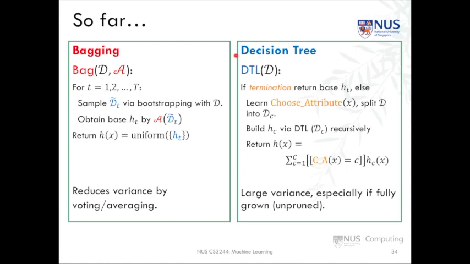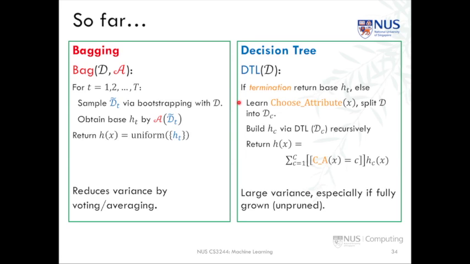Earlier in the pre-lecture, we talked about decision trees. The decision tree algorithm recursively chooses attributes to decompose a larger learning problem into a collection of subproblems of smaller size. It does so by choosing a particular attribute to split on.